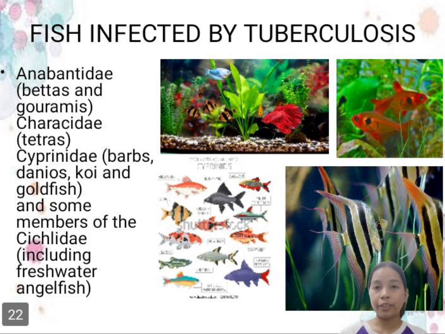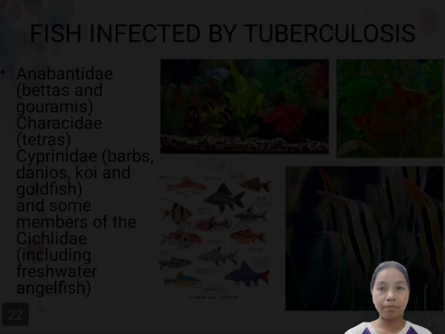Examples of fish infected by Mycobacterium tuberculosis include Anabantidae, Osphronemidae, and Gouramis, Characidae or Tetras, Cyprinidae or barbs, Danios, koi, and goldfish, and some members of the Cichlidae, including freshwater angelfish.